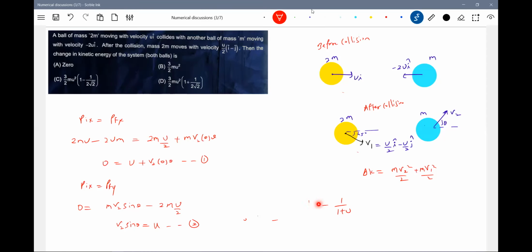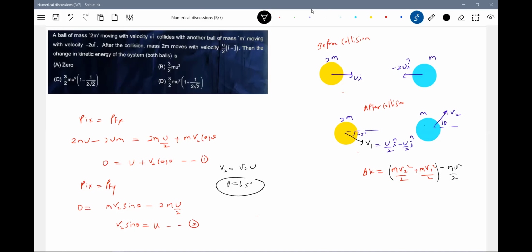That u has become 1. Okay, yeah, thanks. Now we'll simplify this. Squaring and adding, I think v2 is equal to root 2 u. So theta will be 45 degrees. I think we are in a better position now.